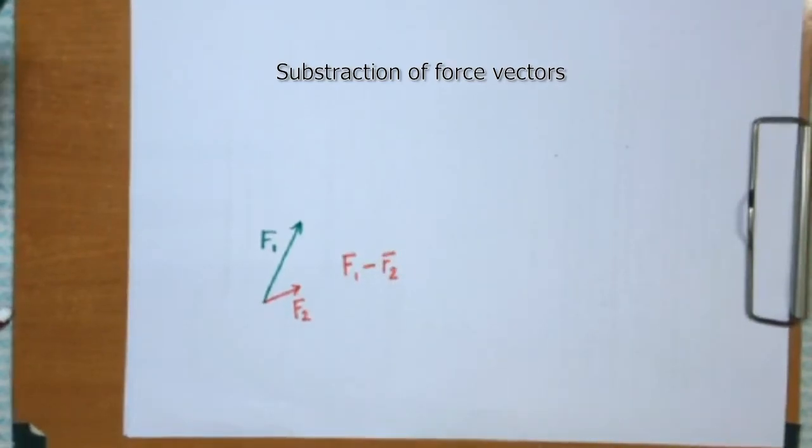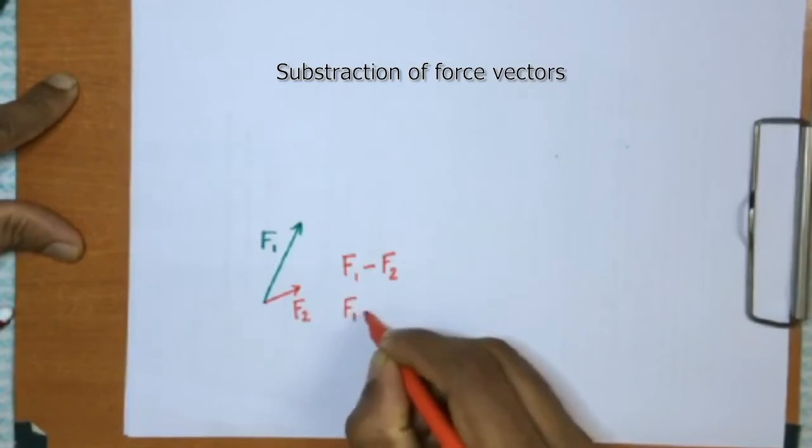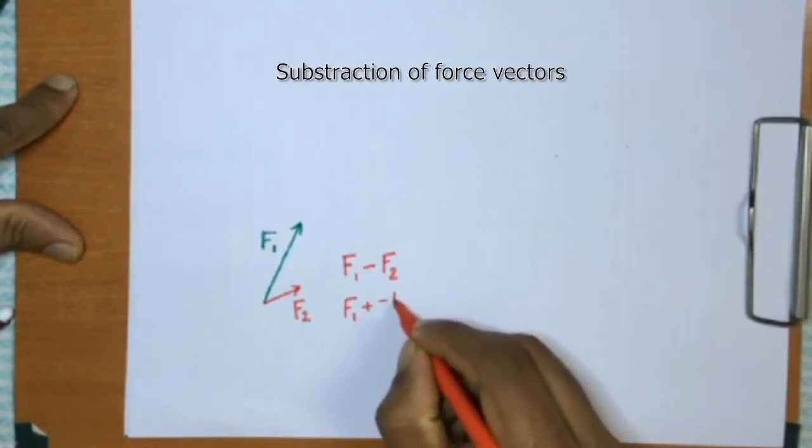How to go about this? In vector addition, you do not have subtraction of vectors, you only have addition of a negative vector, which implies F1 will be added with a negative F2.